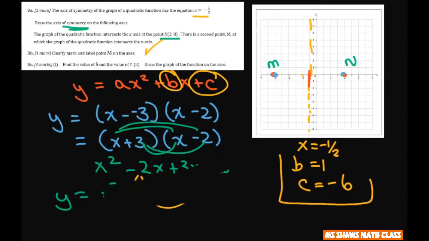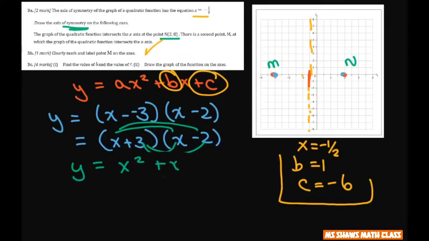So to get our vertex, we have this equation. I'm going to write it out again. So we have y equals, your a was just 1, so x squared plus x minus 6 is what yielded that. So to draw the graph, we know this is x equals negative 1/2.